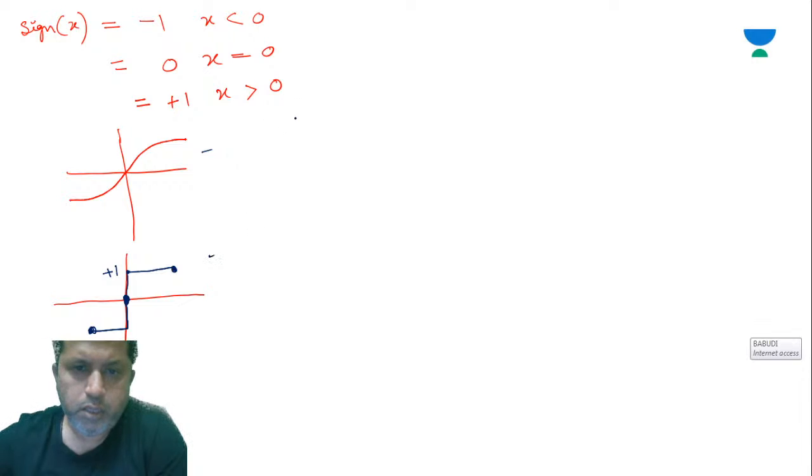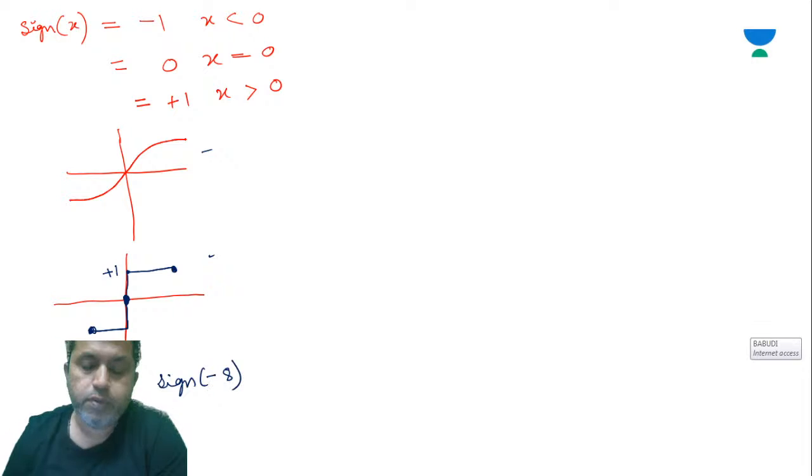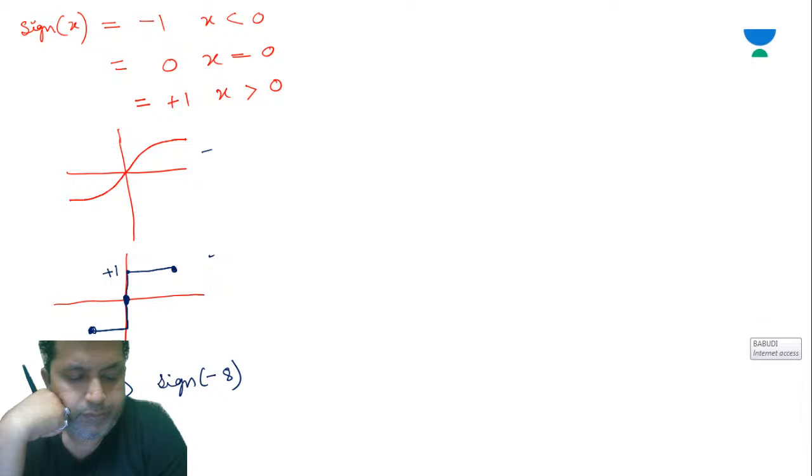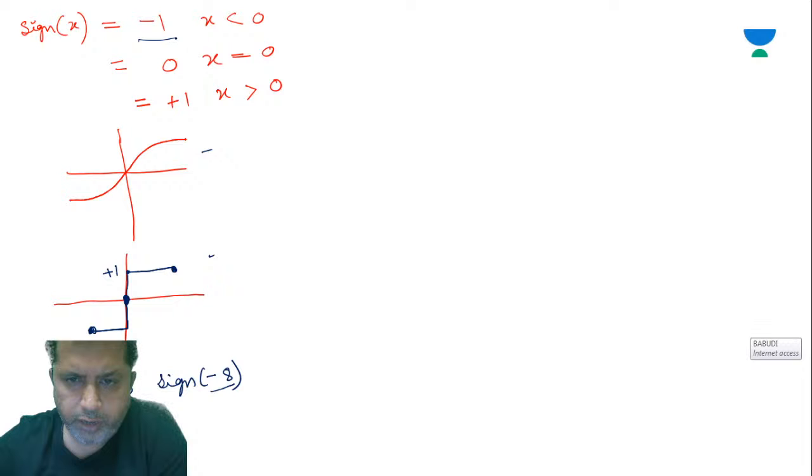So this is the signum function. How do you write it in MATLAB? See, sign of minus 8. What is the signum of a negative number? It is less than 0, so it will return the value minus 1. Answer equal to minus 1.